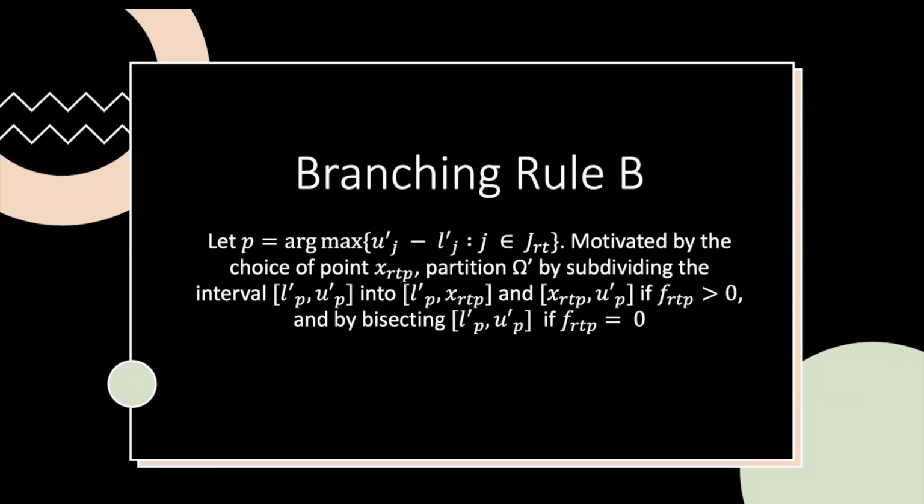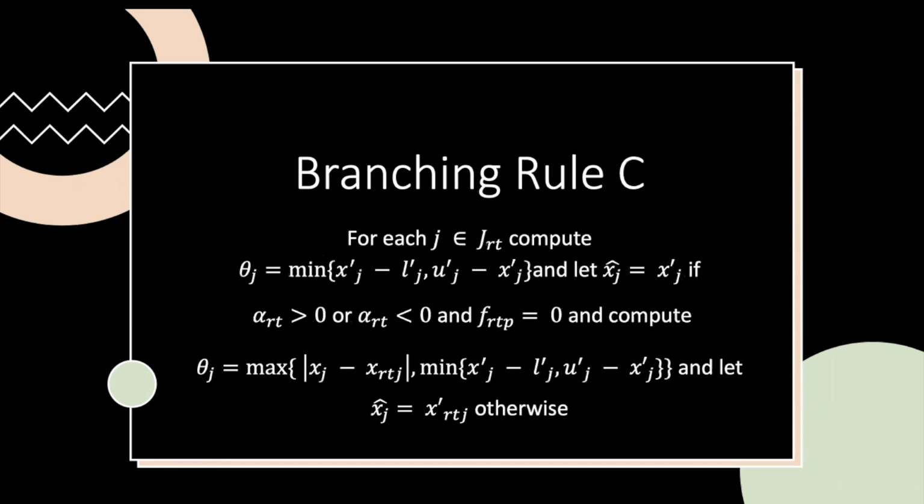Rule B accordingly suggests branching at the value x itj, whenever the approximating problem employs the tangential approximation at this point for the term under consideration, motivated in part by the fact that the tangential approximation is exact at this point.